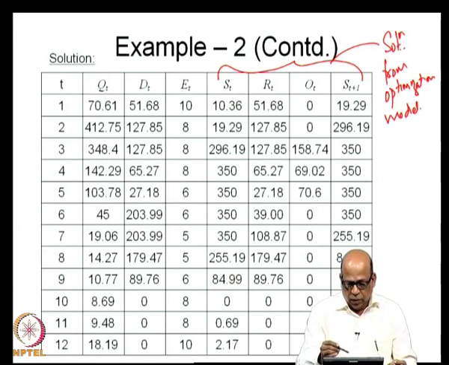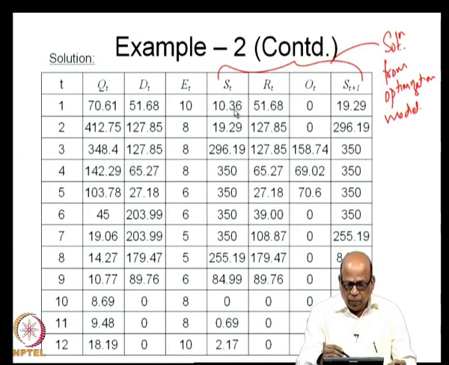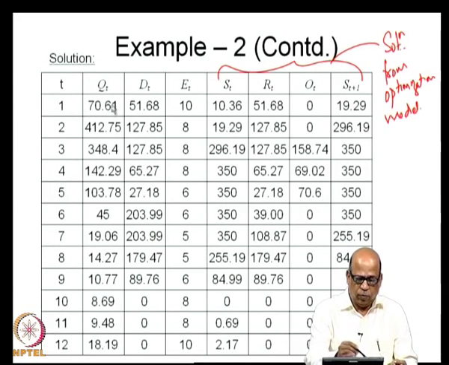So, we come with a storage of 10.36 at the beginning of the time period. Remember, in our model, we left the storage free. That means, let the optimization choose what are the optimal storages that need to be maintained. So, we come with this storage 10.36 and release is 51.68 because your flow is more and so on.